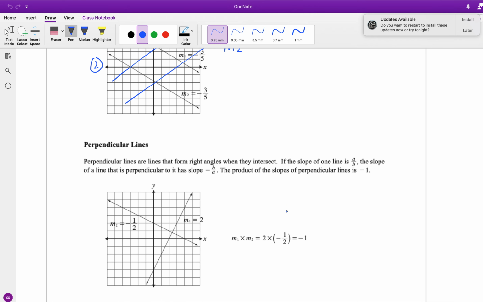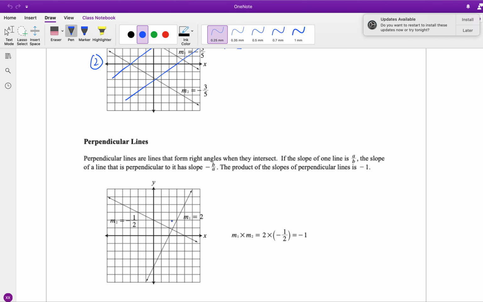Now, if they're perpendicular, now that means this is 90 degree, right? If this is 90 degree, and then if this is your line 1, and this is your line 2, then here says the first slope and the second line slope, they multiply together, it becomes -1.